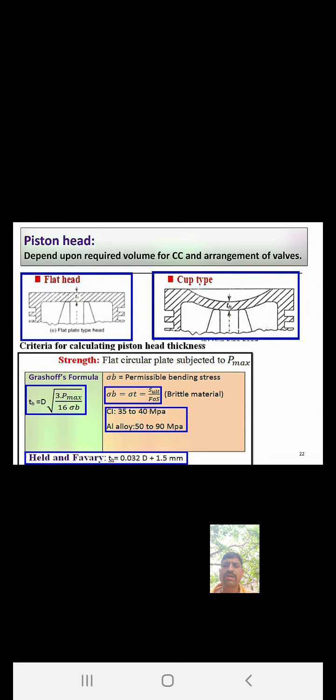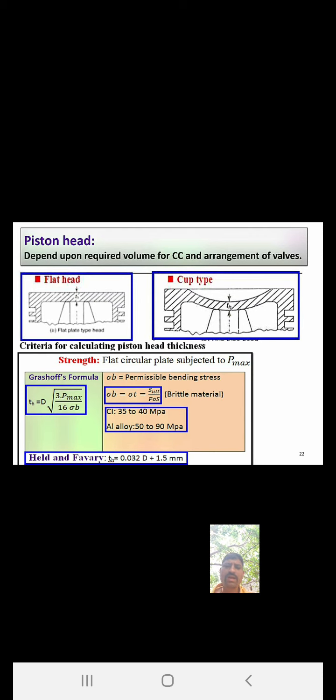The thickness of the crown is calculated based on first the strength as well as the heat dissipation. Okay, you have to check the strength as well as the heat dissipation, and the larger of the two values we will select for the design of the thickness of the piston head.